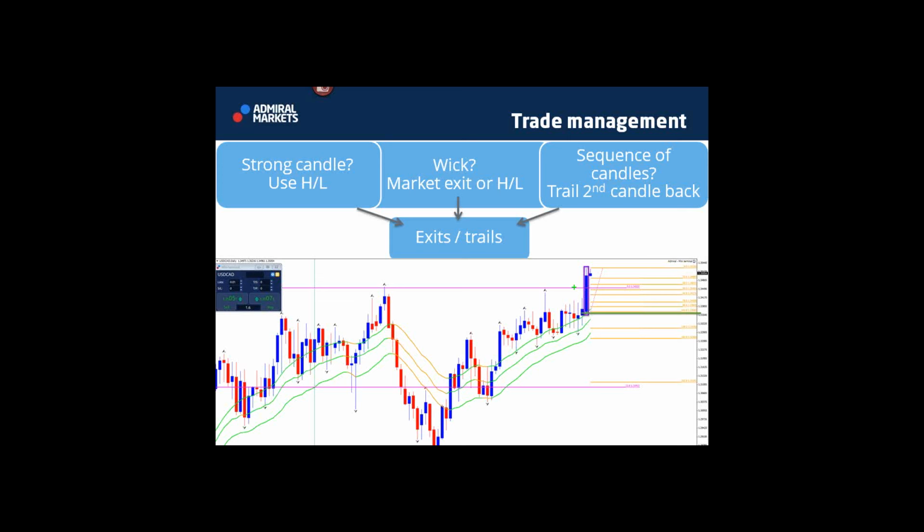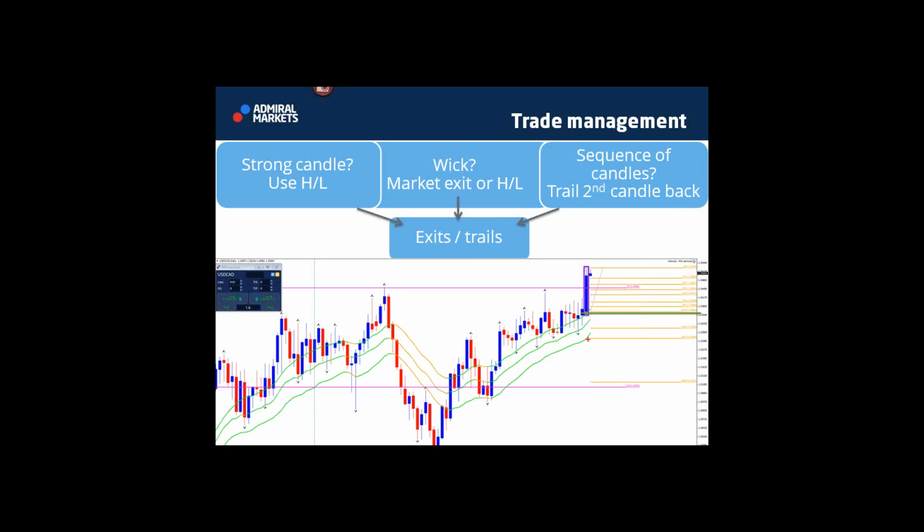The other would be if there's a sequence of candles. For instance, here you see a couple of candles in a row like that. Even if only one or none of them is very strong, if I want to reduce my risk, what I do is trail stop the second low, the second candle back.